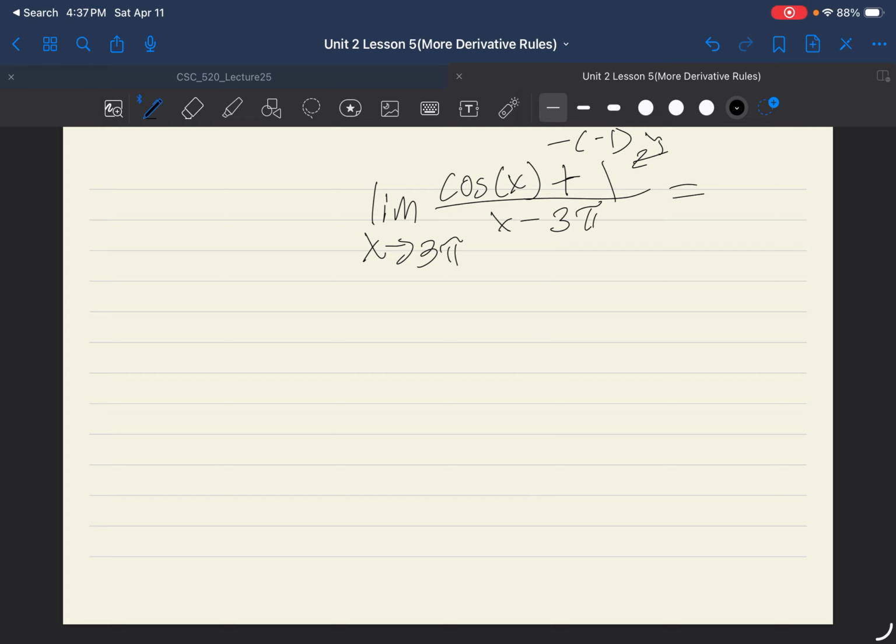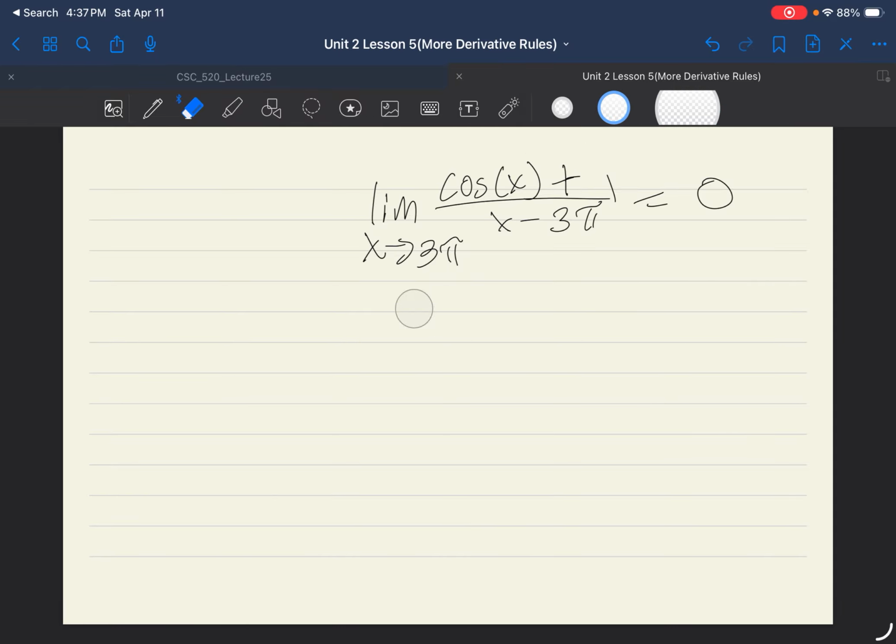And remember, this is not equal to the cosine of 3 pi, meaning it's not equal to negative 1 in this case. But it is equal to the negative sine of 3 pi, meaning this is going to be equal to 0.